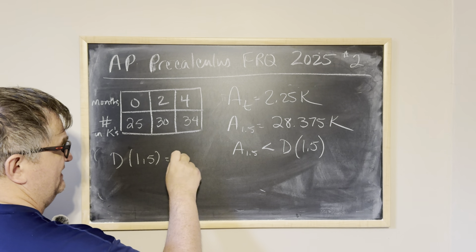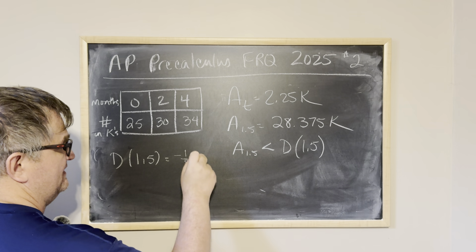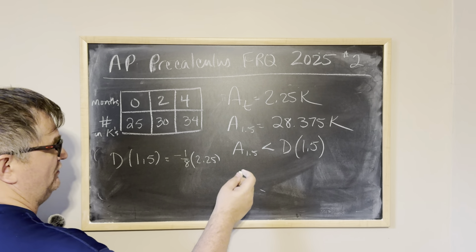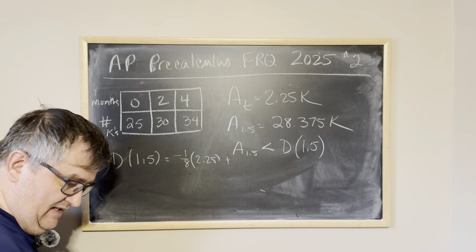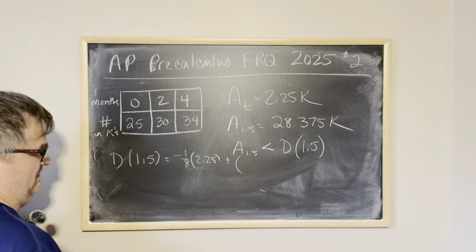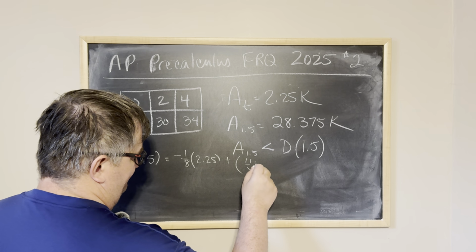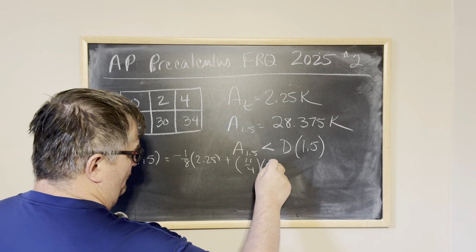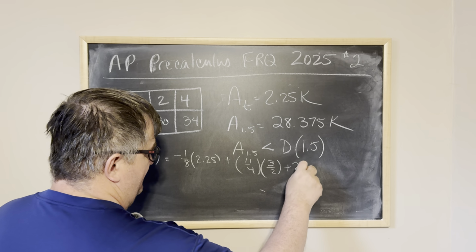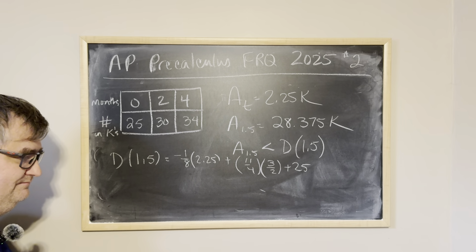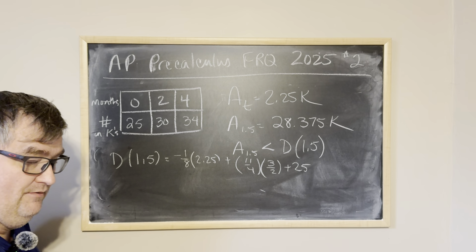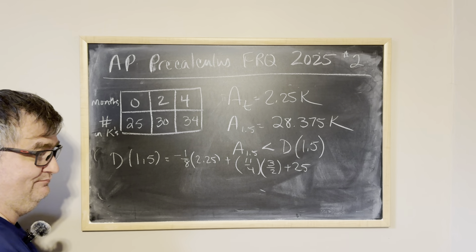So we know it's negative 1/8 times 2.25. I've just gone ahead and multiplied it out. Plus, 2 3/4 is 11/4 times 1.5, so that's 3/2, plus 25. Okay. So prove that that is greater than that.